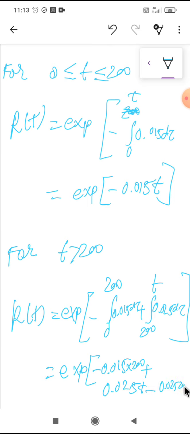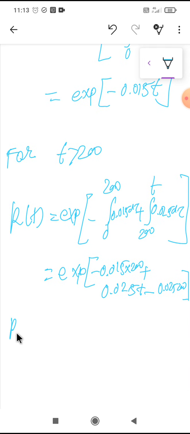If I solve this, the reliability function is equal to exponential of 2 minus 0.025 t.